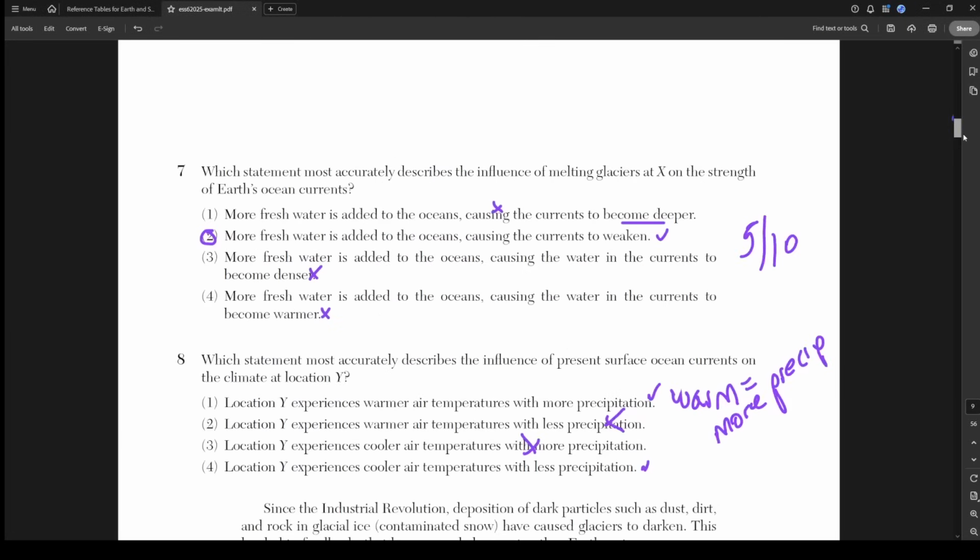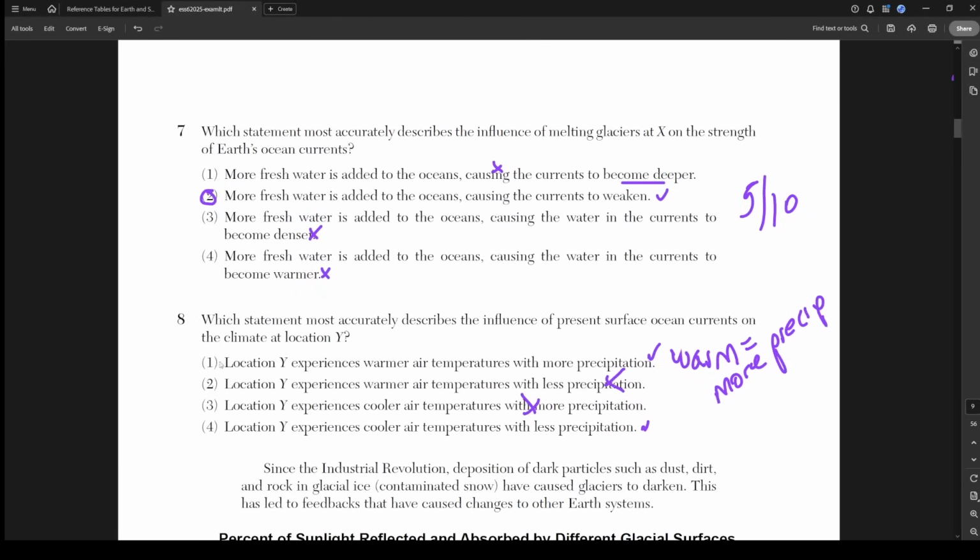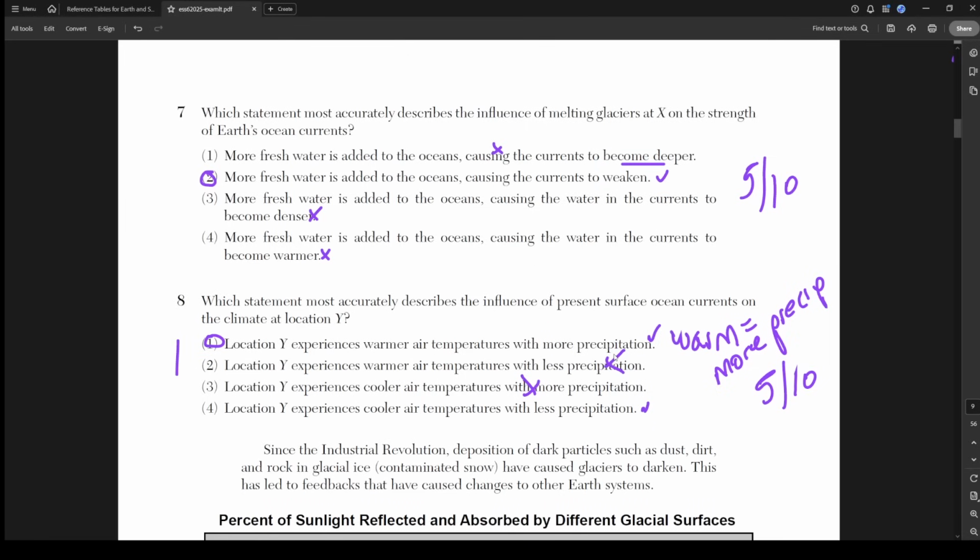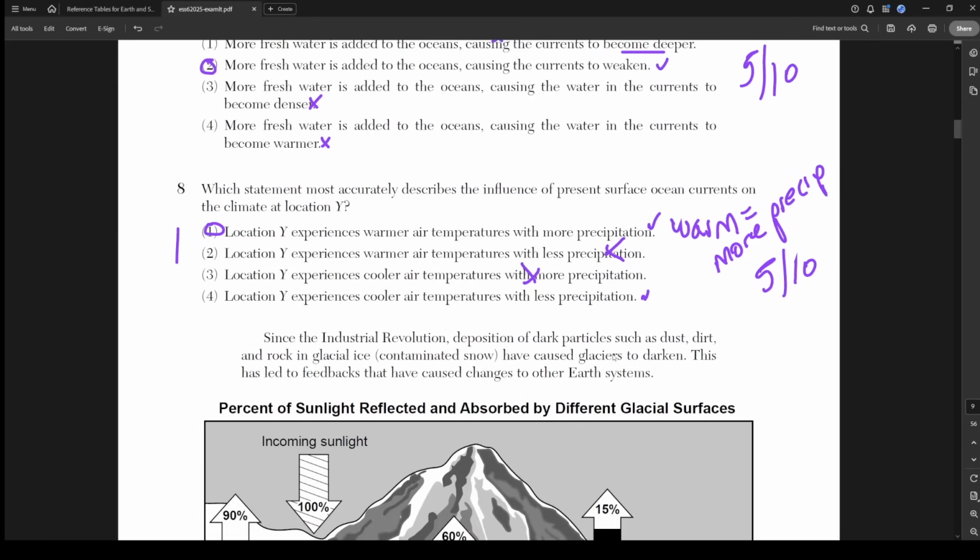So we're going to go with that choice. Location Y is going to be warmer with more precipitation because of that. So I'm going to go with a 5 out of 10 again on that one. Kind of hard. If you didn't know that part, that warm brings more rain, that could really screw you up.